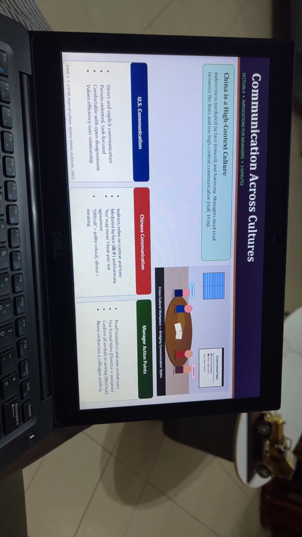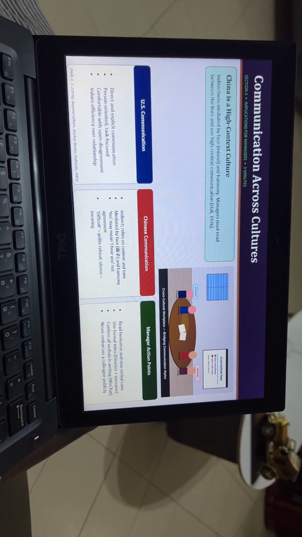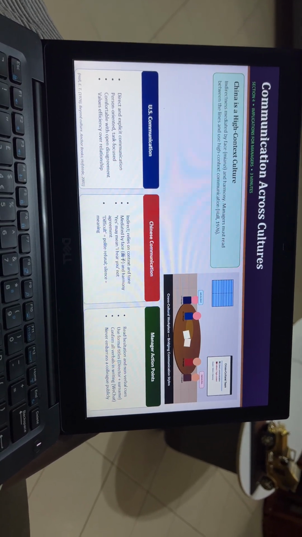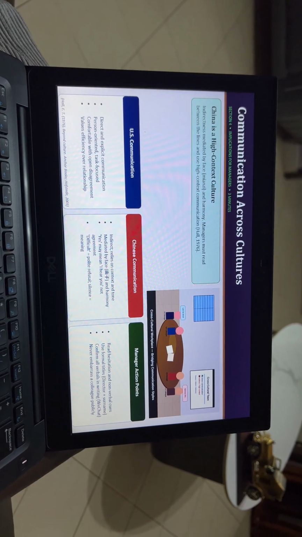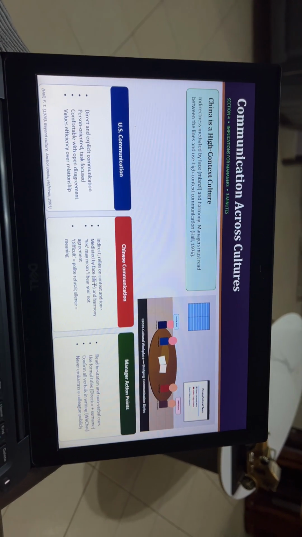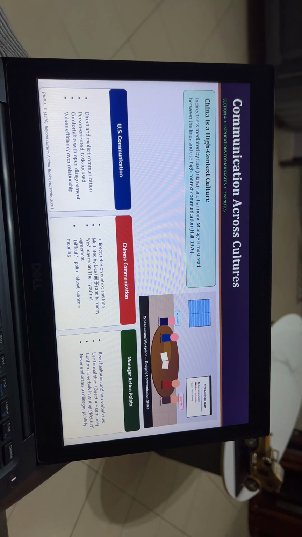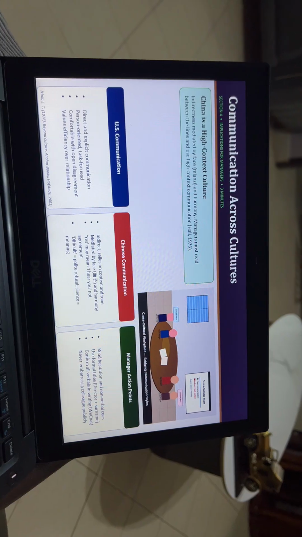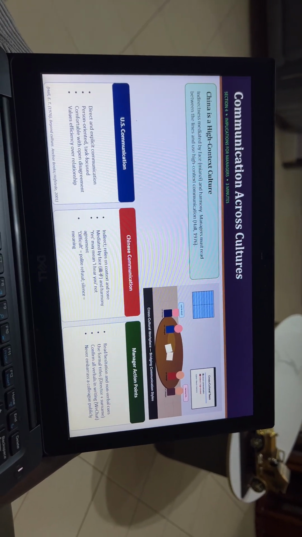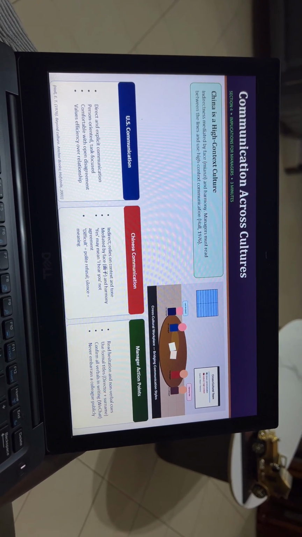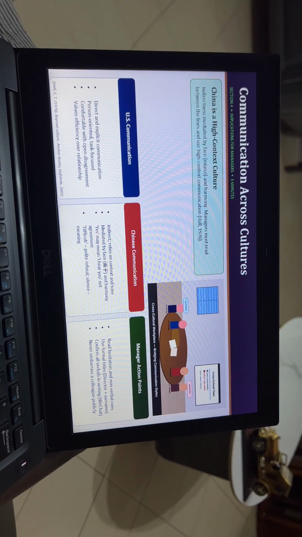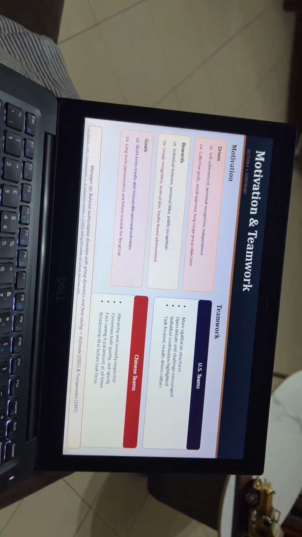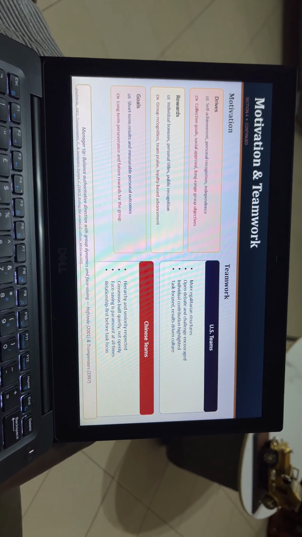Now, if you look at US communication versus Chinese communication and the manager action points, communication in US is direct and explicit communication. In China, it's indirect, relies on context and tone. What should the manager do? The manager has to read hesitation and non-verbal cues. The rest can be seen in the slide.